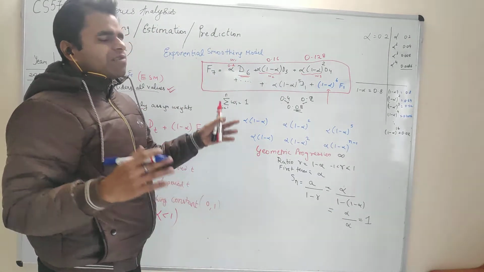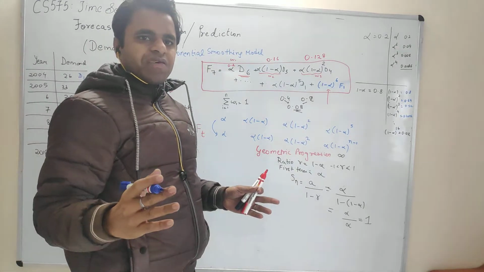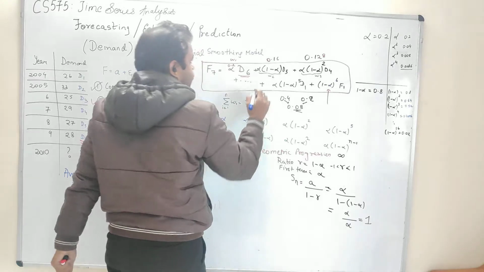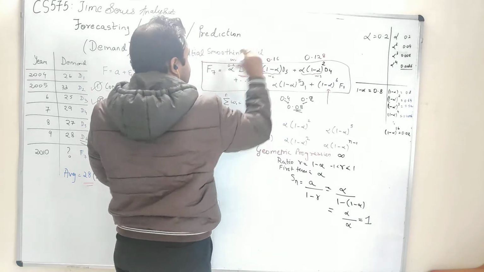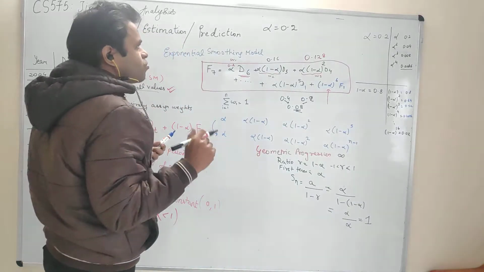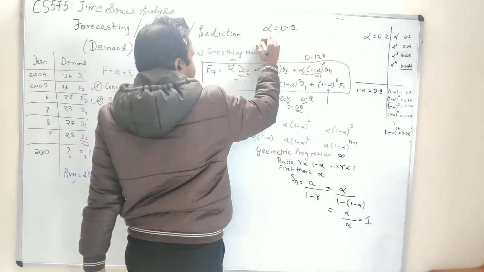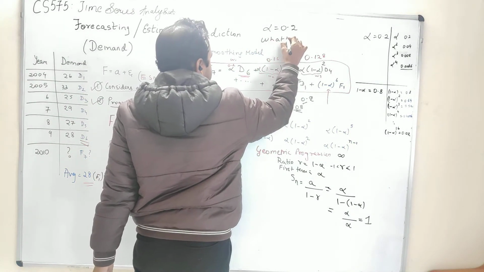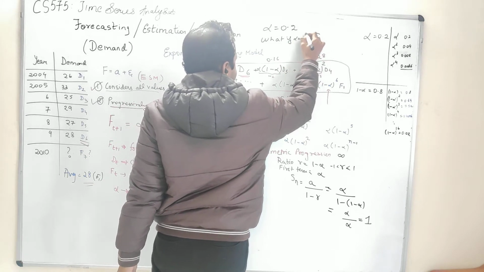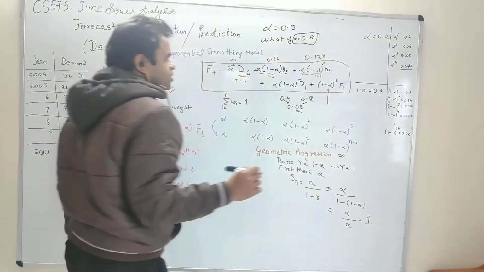We are convinced that the value of alpha should be between 0 and 1. So now in this case we took the value of alpha as 0.2. So what if we choose alpha as 0.8, right?